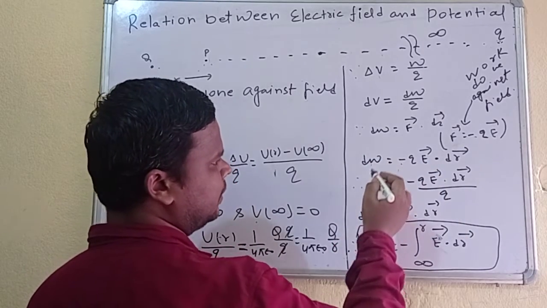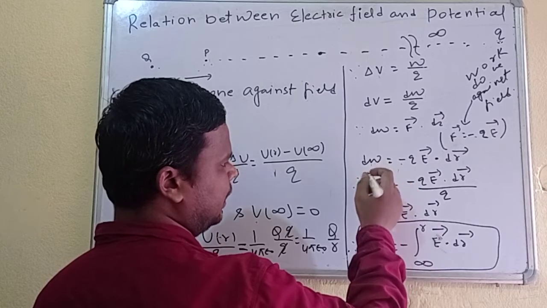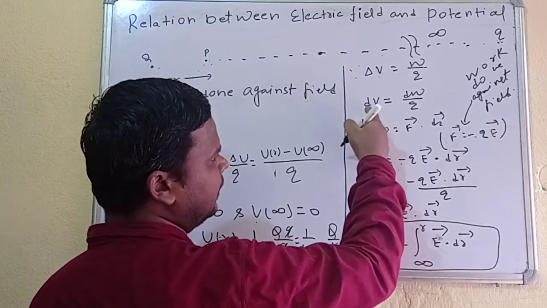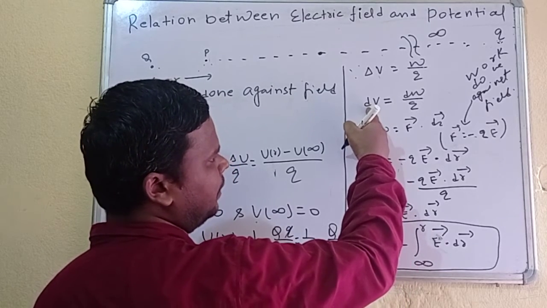So we put this expression for dW in the expression for infinitesimal potential.